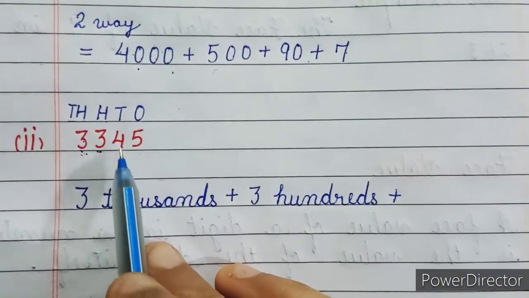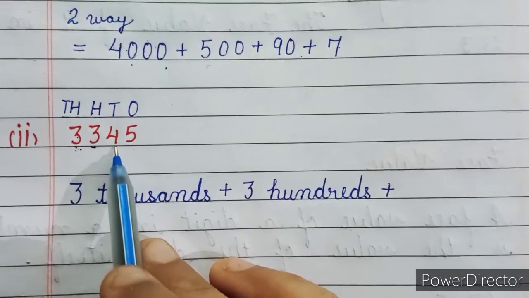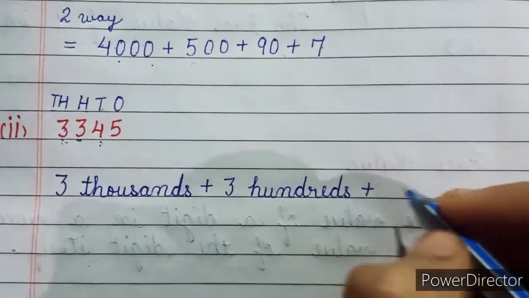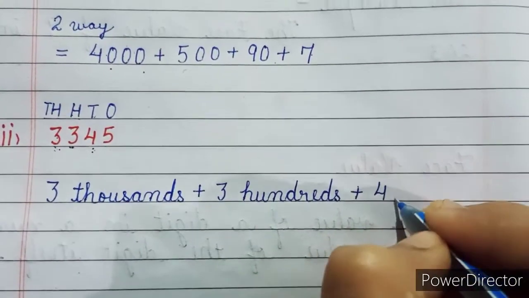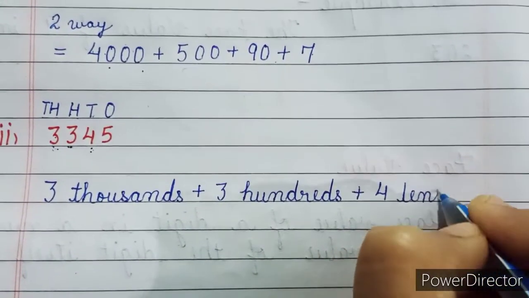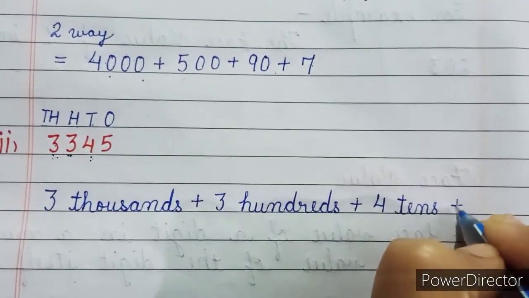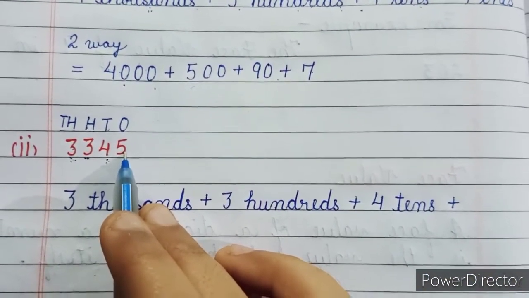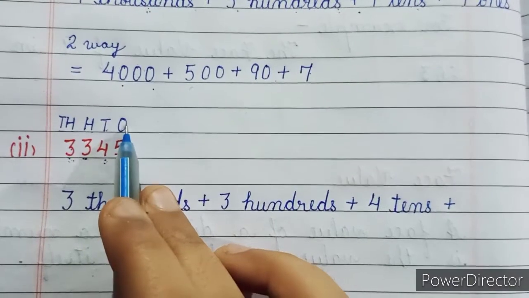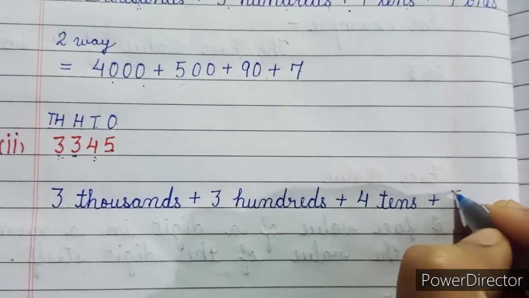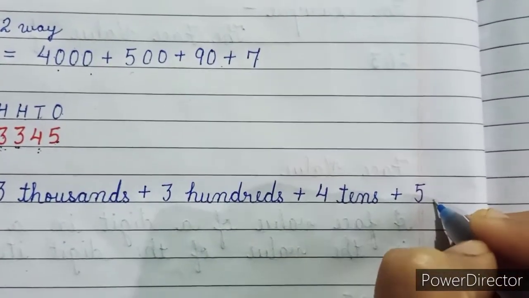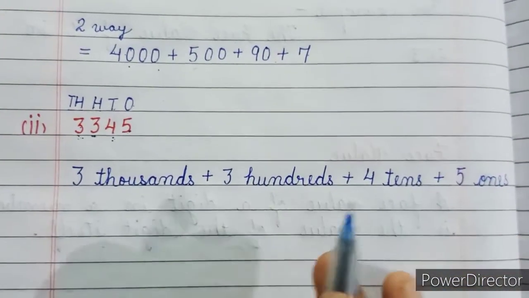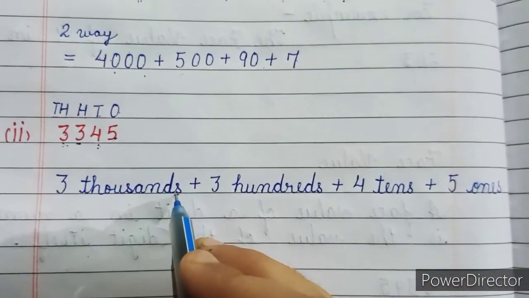Plus what do we have? 4 is at tens place, so write 4 tens. Plus what do we have? 5 ones, so write 5 ones. Children, don't forget S.